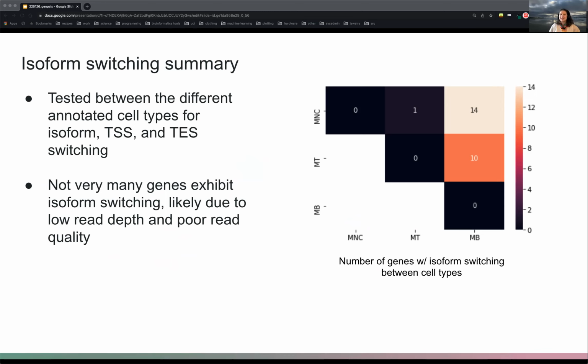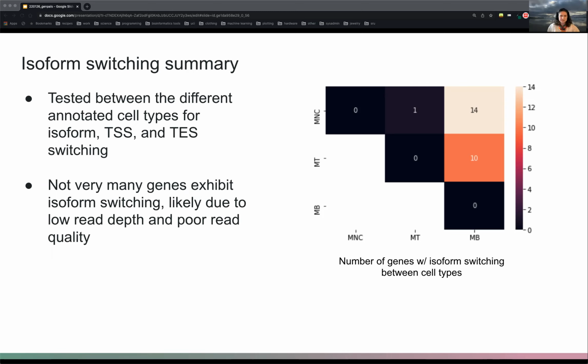There aren't very many. This is the first data set that we generated that was long read single cell, and it's honestly not that great. So I think that probably is a large driver of these low numbers here, is just that we didn't have enough to call things as statistically significant. But I'm just going to show you some examples of what did come from these categories.